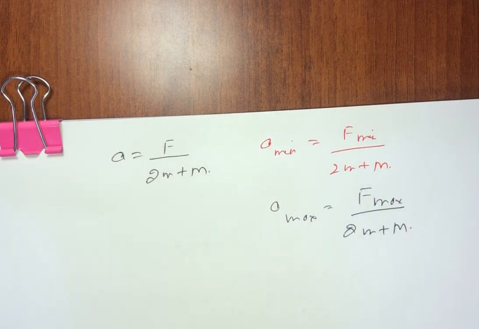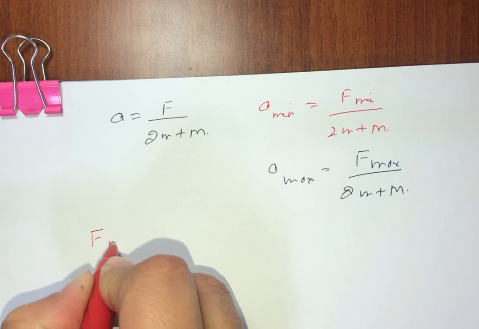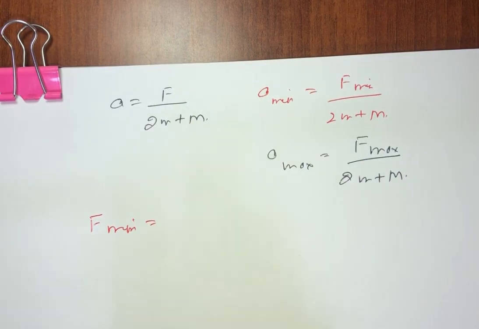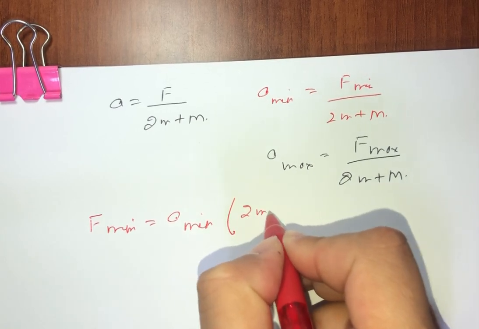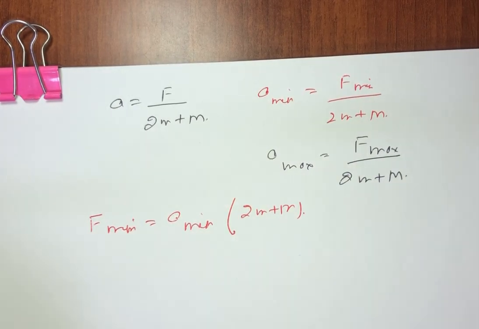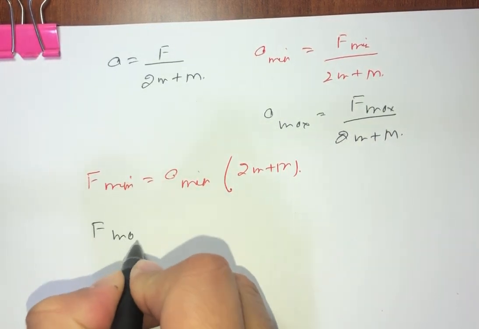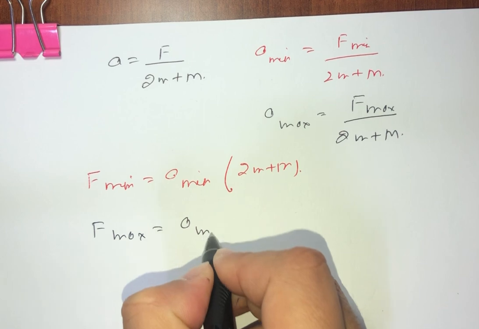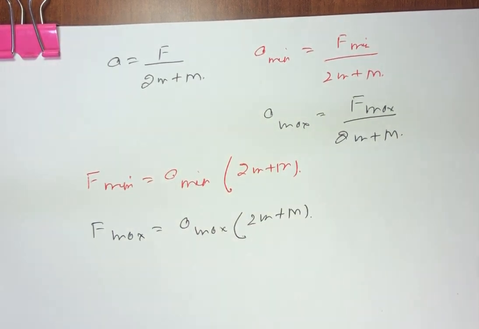Substitute value of minimum and maximum acceleration. We get F minimum is equal to A minimum multiplied by (2m plus capital M), and similarly F maximum is equal to A max times (2m plus capital M).